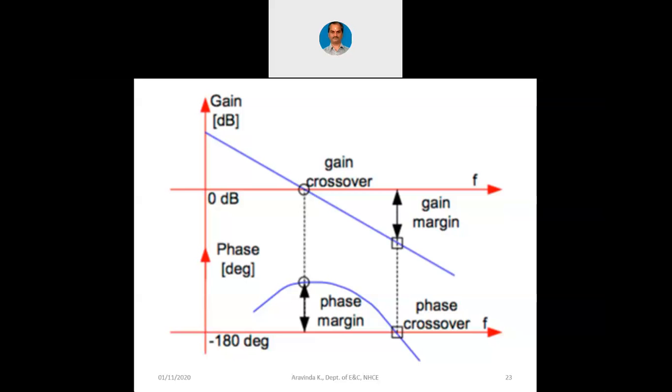That is the problem there. Let us say there is an amplifier circuit which is not having gain margin and phase margin at all. That means 0 dB and this 0 degree are going to match together at the same point. In such a case, at that particular frequency, the amplifier will start oscillating.